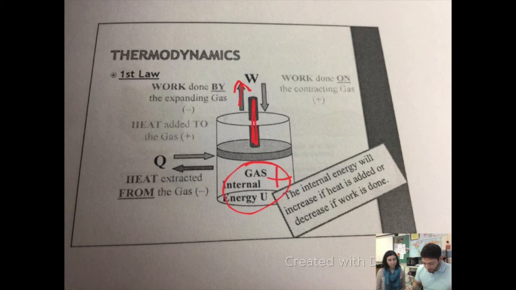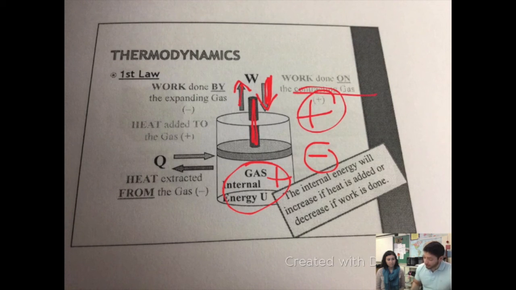So when this gas expands, you are going to have a negative work, because it is decompressing, therefore you have negative. And when it actually presses down, it's compressing against the gas. When this goes down, you would have a positive work.